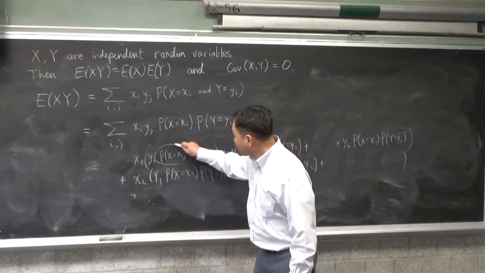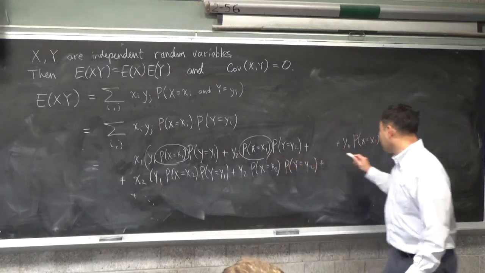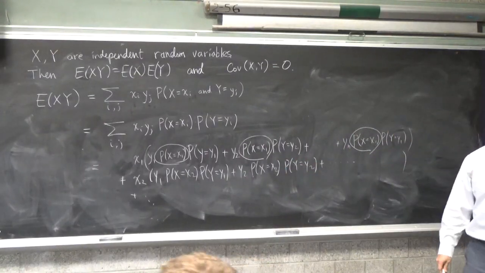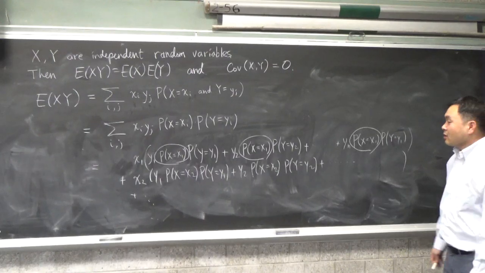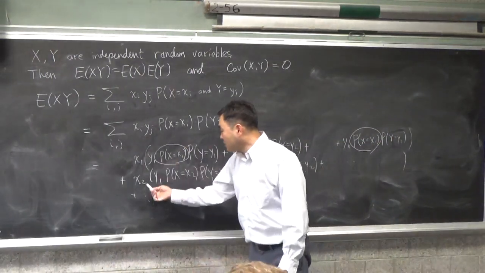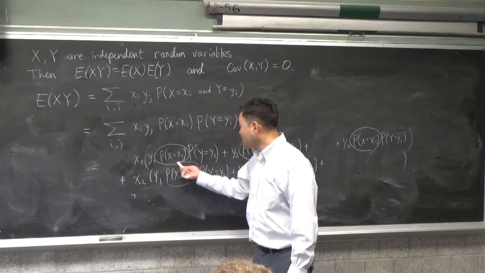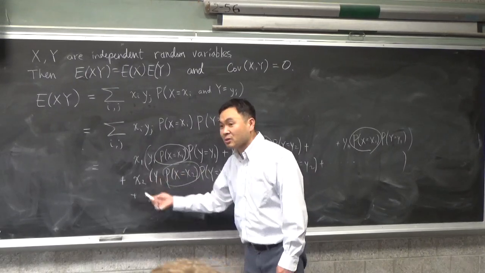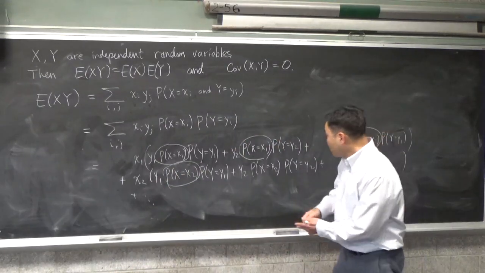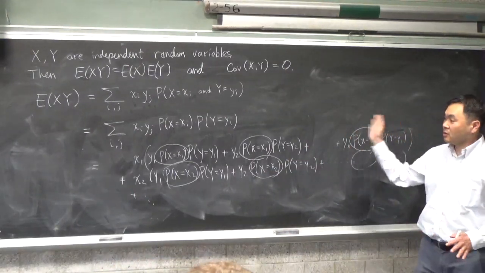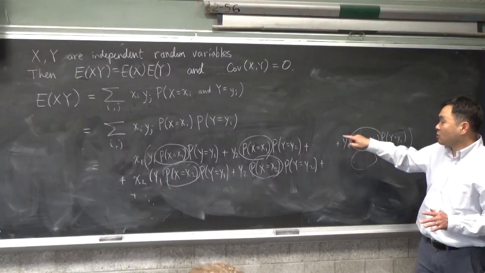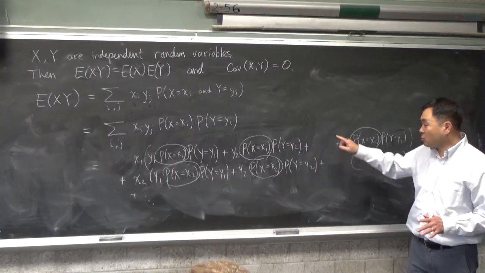Do you see that P(X = x1) is a common factor here? So you can factor that out. How's that? You can do that, right? And you can do the same here, you can factor P(X = x2) out from the second one. After factoring, look at what remains.